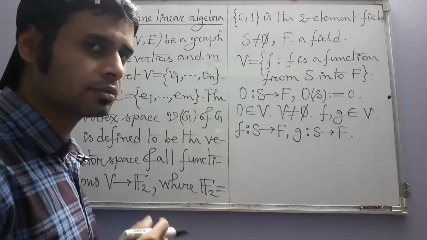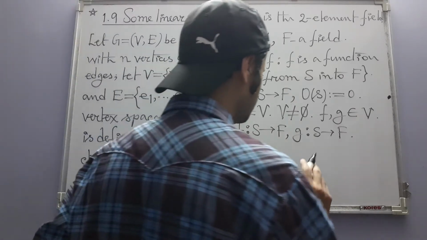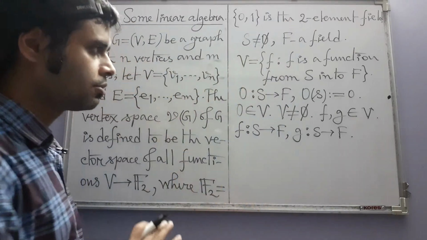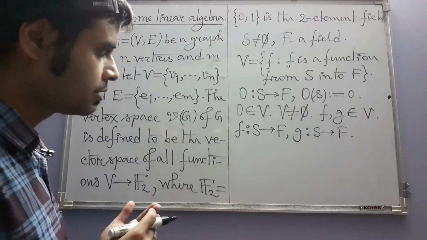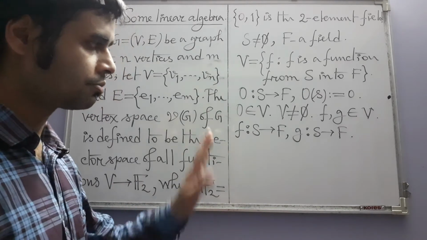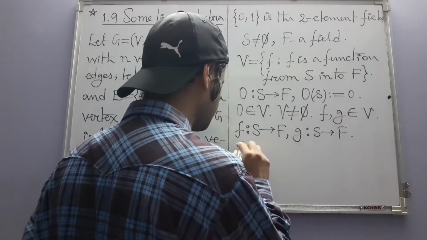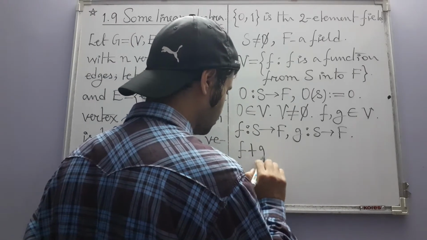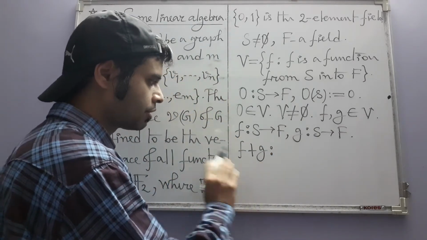That means we are trying to define an addition operation on V. Whatever this sum turns out to be, we want this sum to again be in V. That means we want this sum to itself be a function from S into F. Now this is the natural definition of that sum. It's a symbol for the sum.